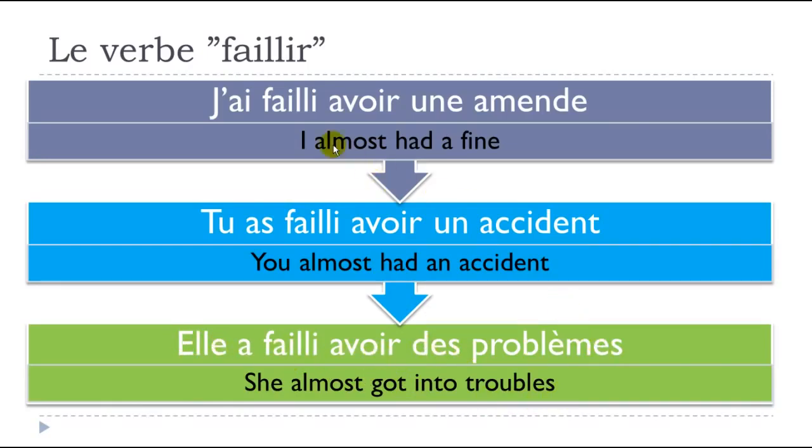So in these cases, you will use faillir here, and you continue with avoir something. And it's quite useful. I mean, we don't use that maybe all the time, but it's not rare when we use this expression and this verb faillir. Okay?